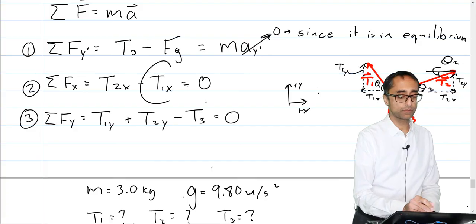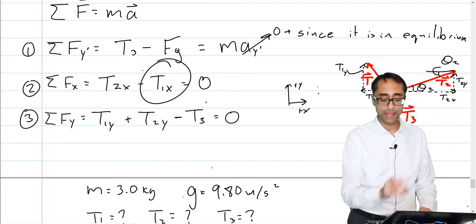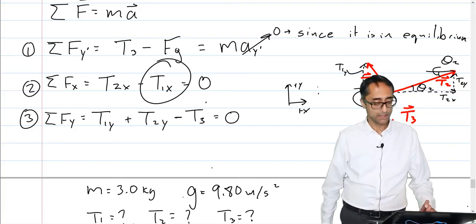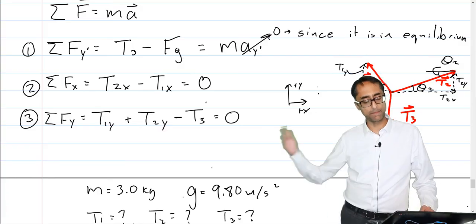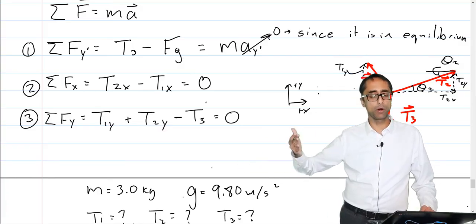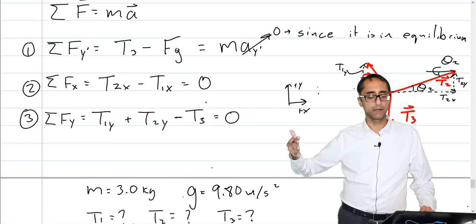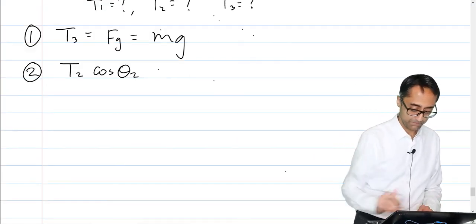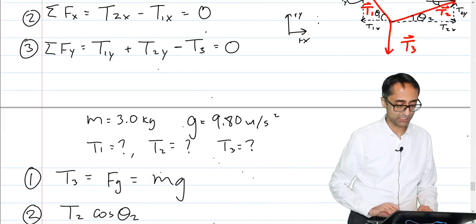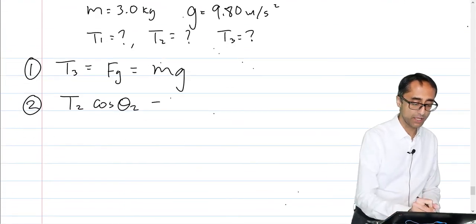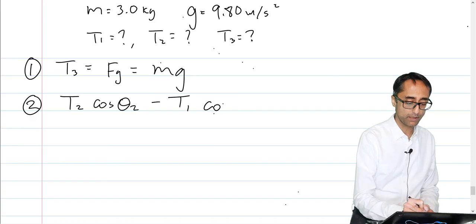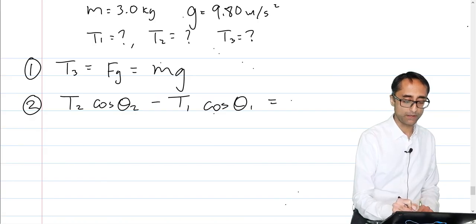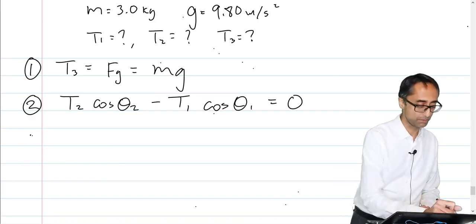Looking at my next term, T1x is this value right here. To get that, all I'm doing is taking the hypotenuse, T1, and multiplying it by the cosine of theta 1 to give me the x component. And so what was the original equation, T2x minus T1x, becomes T2 cosine theta 2 minus T1 cosine of theta 1. All of that is equal to 0.